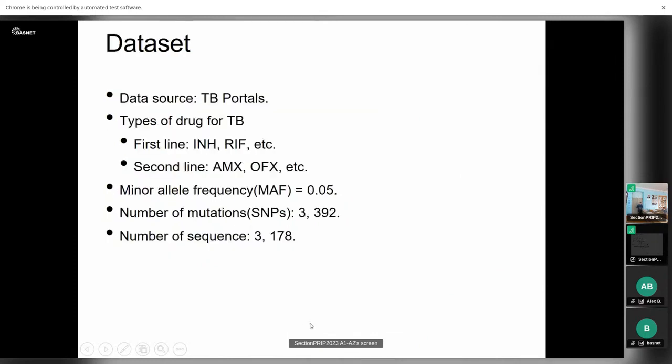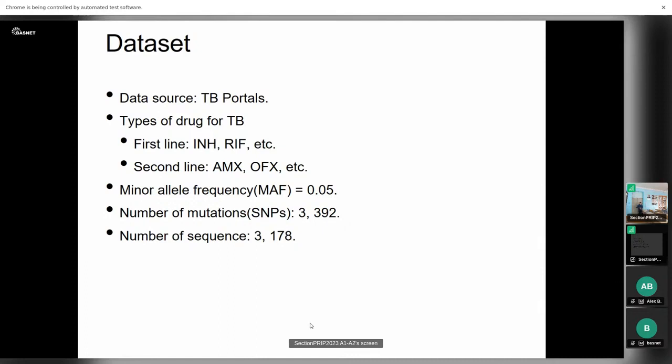About the data set, we collect data from the TB portals. They supply the samples' genomes and their drug resistance information.